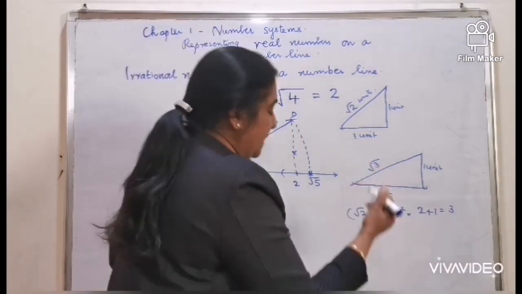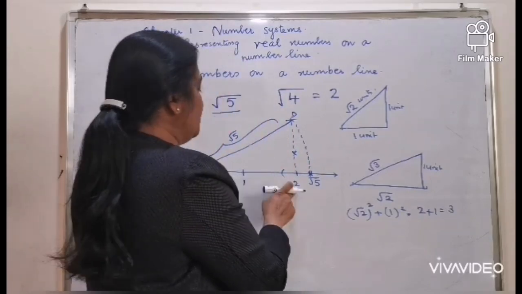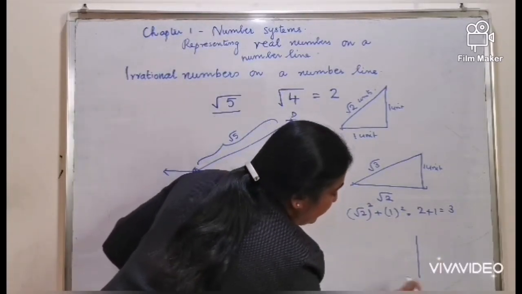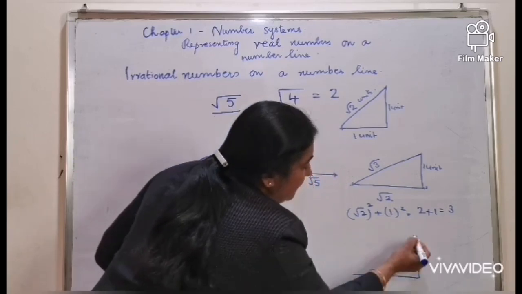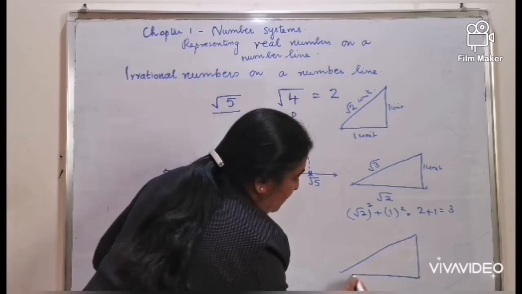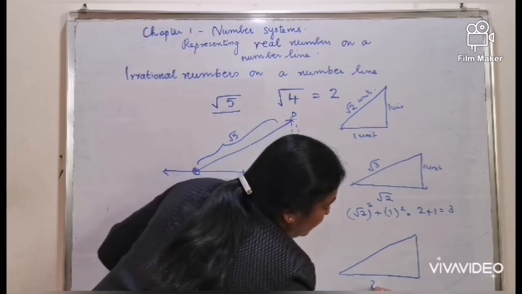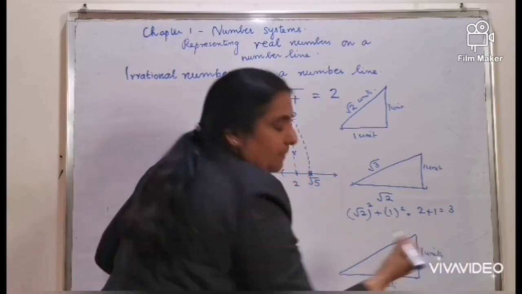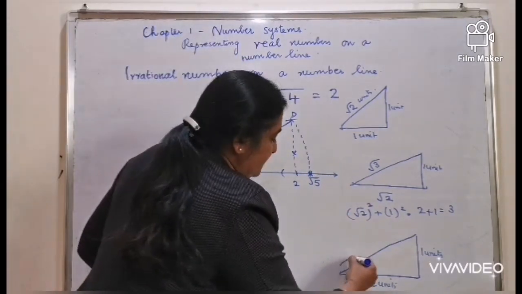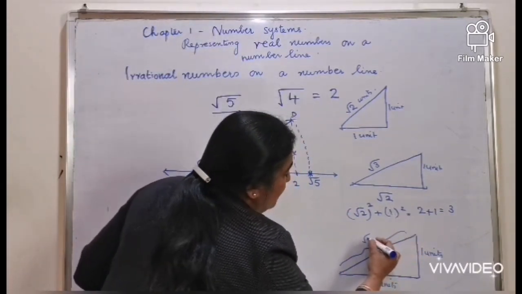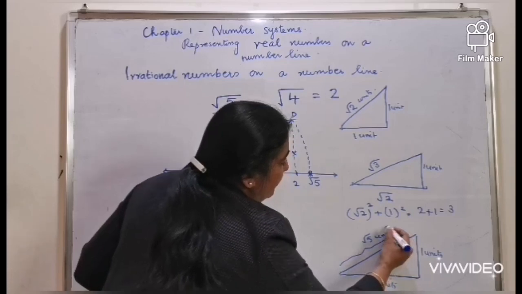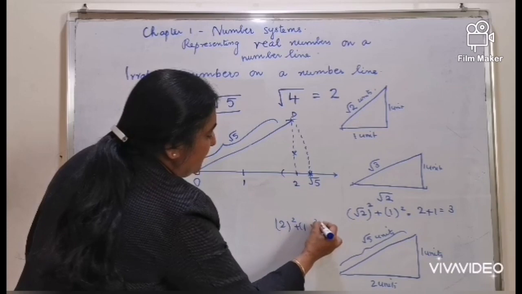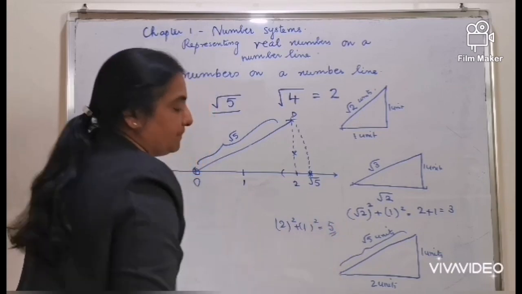Again, with the value of 2, the same procedure for root 5: the right triangle with length equal to 2 units and height 1 unit gives you this length as root 5 units, as 2 square plus 1 square is giving you 5.